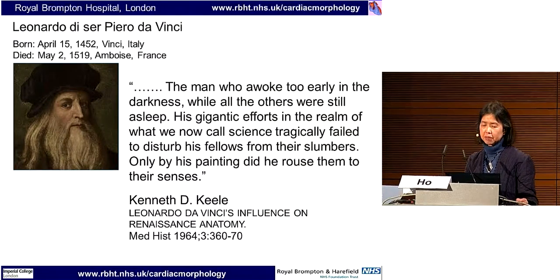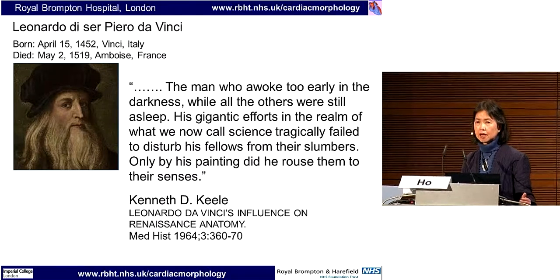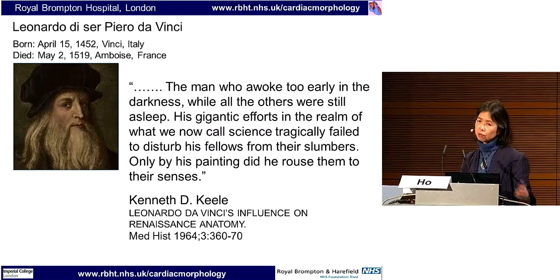But for the medical people, I think Leonardo is a very good starting point for talking about cardiac anatomy because he was the first to refute Galen's doctrine of a heart having two ventricles. He proposed that the heart has four chambers: two upper ventricles, which later became called the auricles, and two lower ventricles.